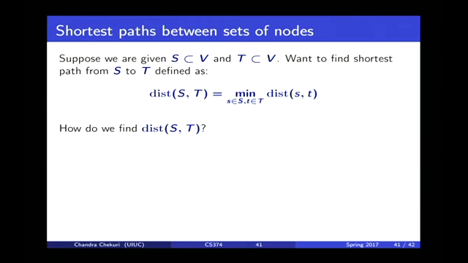Think of it like this: I want to find the shortest path from these students to those students. It could be any pair. How do I find that efficiently? Is it clear what I'm asking? How do you do that?